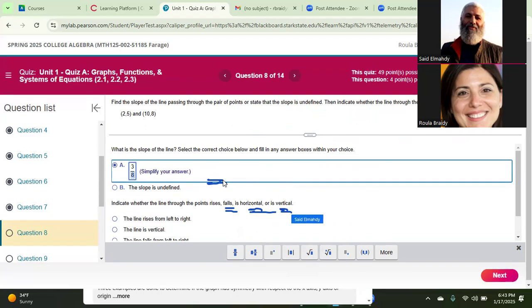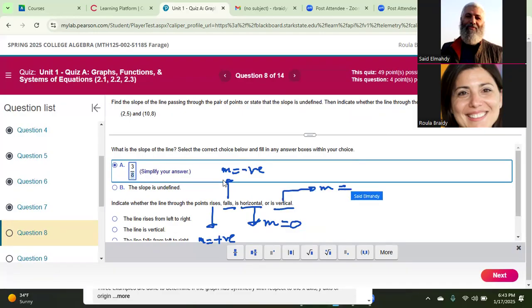Rises if the slope is a positive number. Falls if the slope is a negative number. Horizontal if the slope is equal to 0. Vertical if the slope is undefined. Undefined means any number divided by 0. This is undefined.